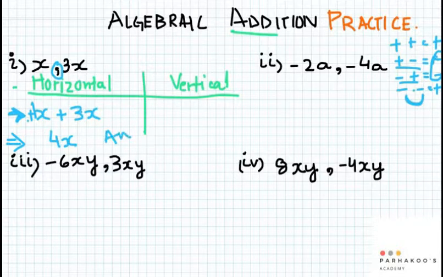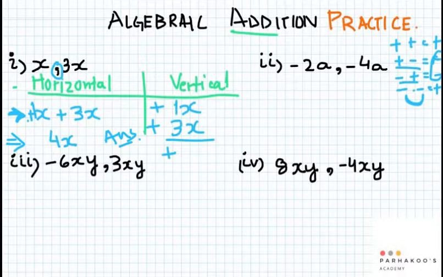And here we go, this is the answer. Isn't it easy? Okay, now let's try it out with the vertical method. In the vertical method, you have been doing it from your primary classes, writing one term over another, and since plus plus is plus, it's 4x.